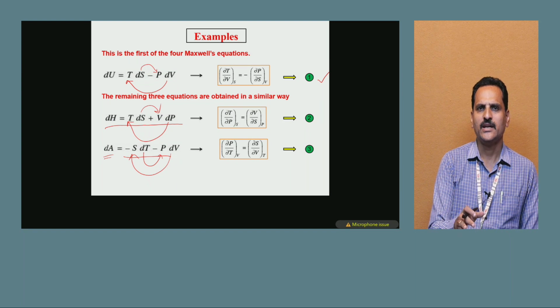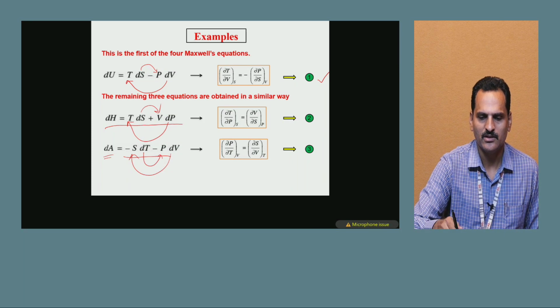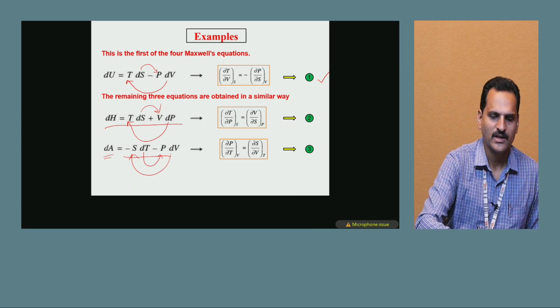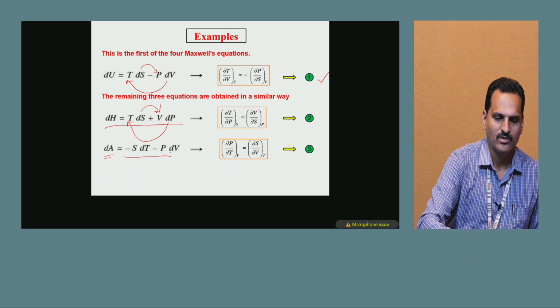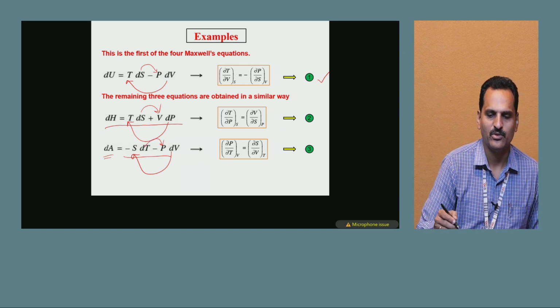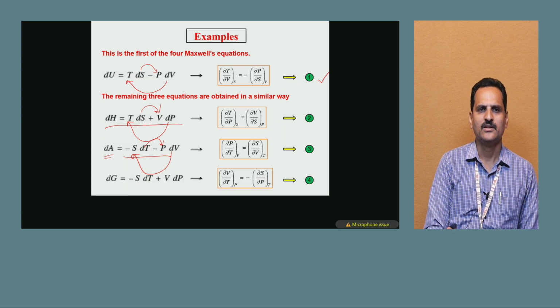There are negative signs on both sides, so the signs will cancel. You can get ∂P/∂T at constant V equal to ∂S/∂V. Either way, we can write it two ways.